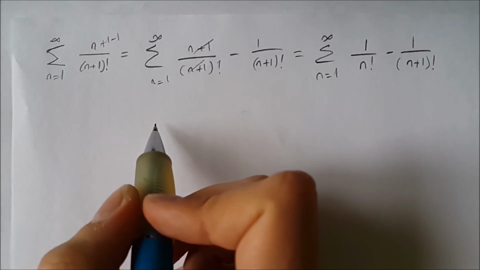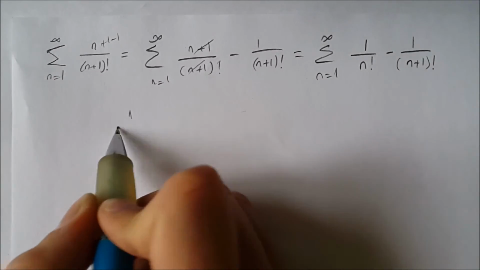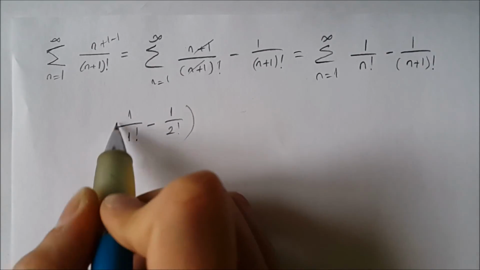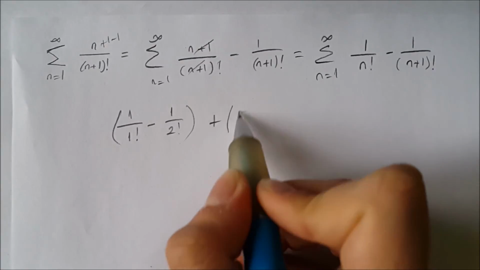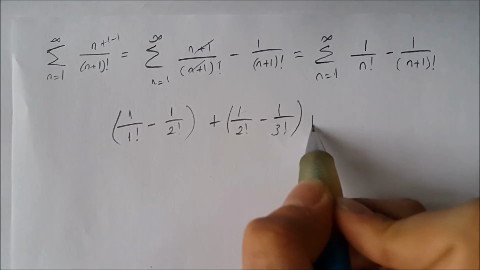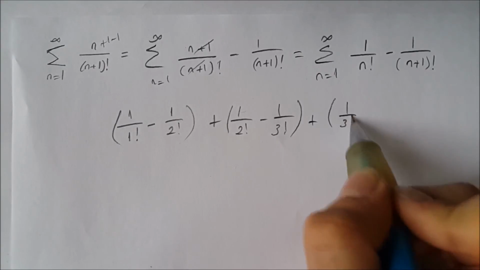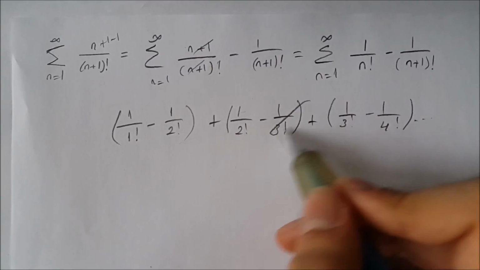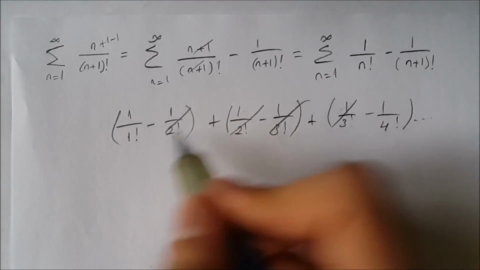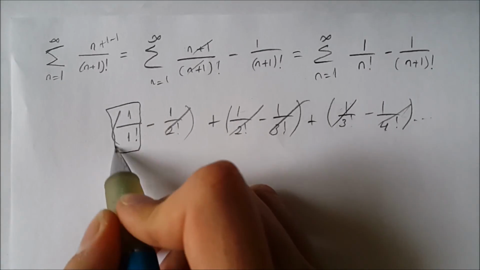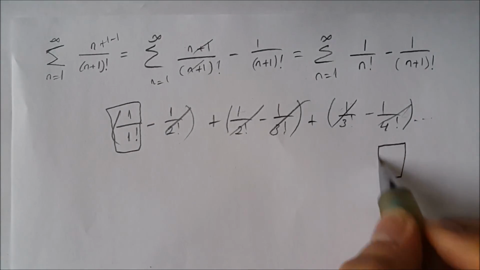Now, if you put in the numbers, 1 over 1 factorial minus 1 over 2 factorial. Plus, if you put 2, 1 over 2 factorial minus 1 over 3 factorial. Plus 1 over 3 factorial minus 1 over 4 factorial, and then it goes on like this. So now you can see that this is a telescoping series, and it will cancel out except the first term and the last term.